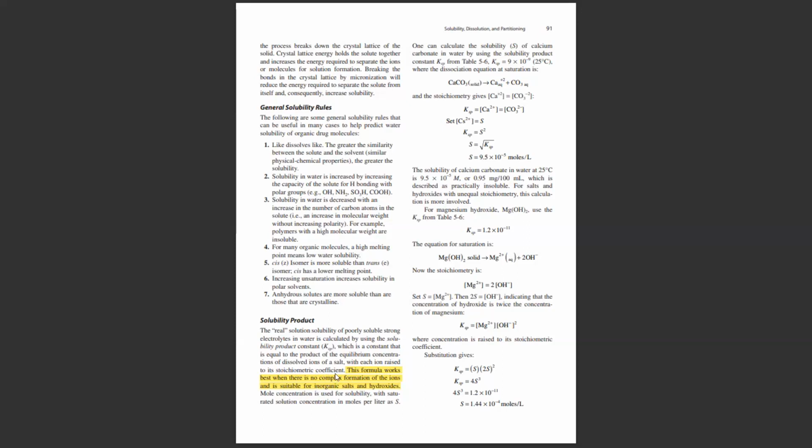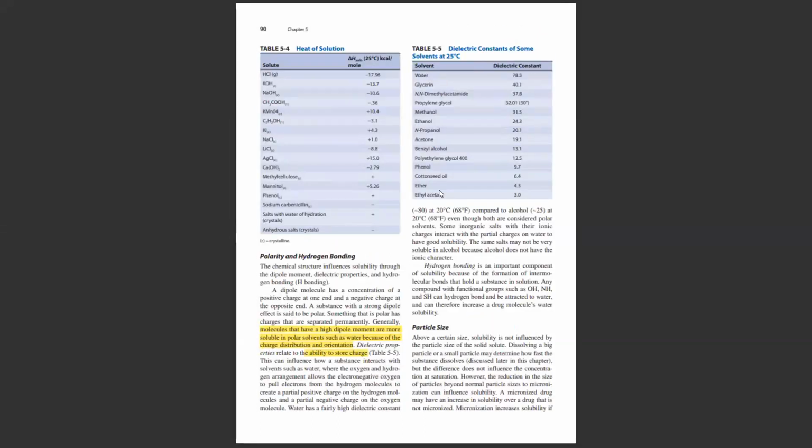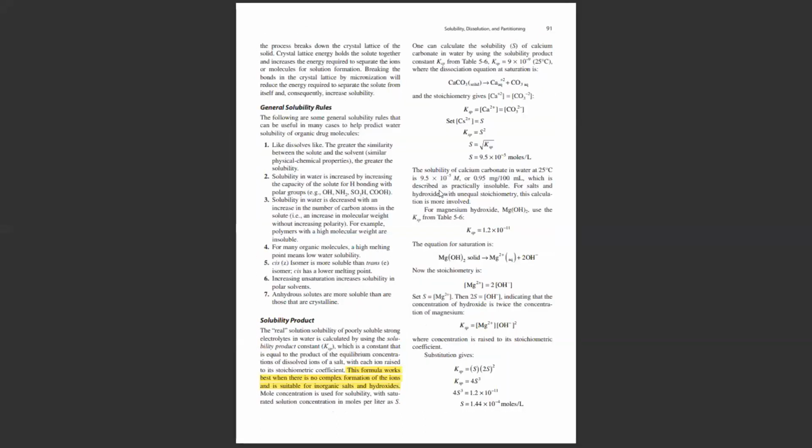Yeah. So this formula best applies when there is no complex formation of the ions and is suitable for inorganic salts and hydroxides. So here we can see an example. For example, we can calculate the solubility of calcium carbonate in water using the solubility product constant.